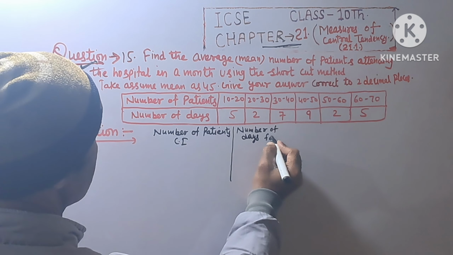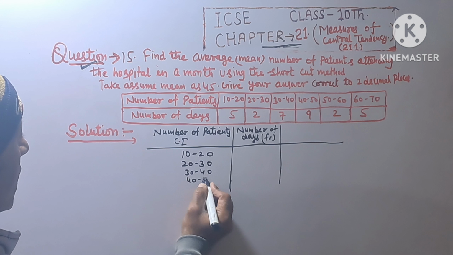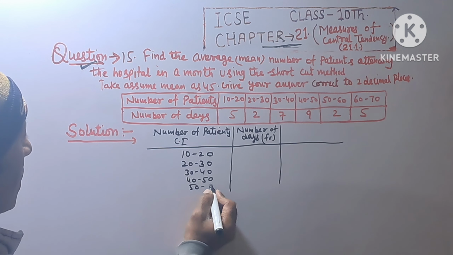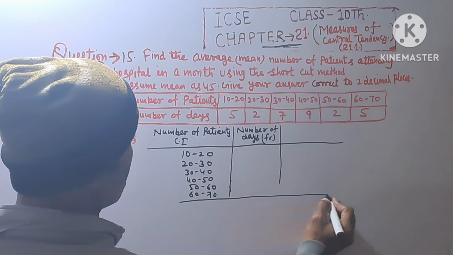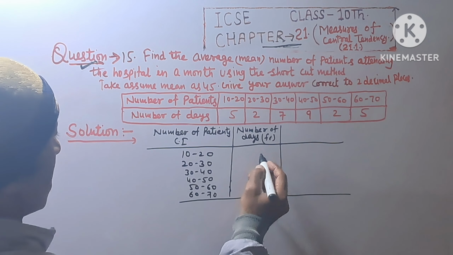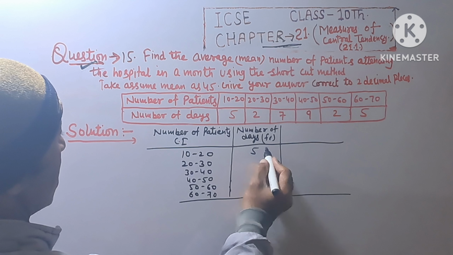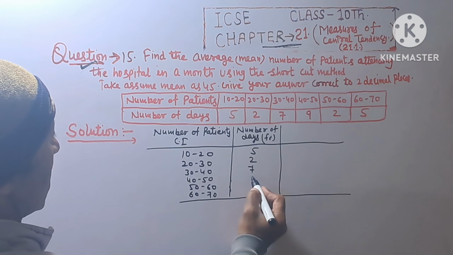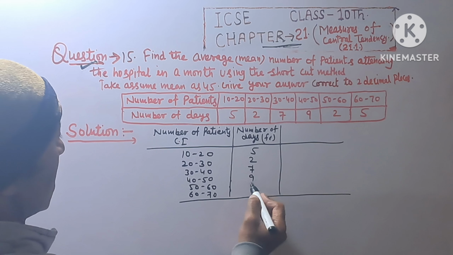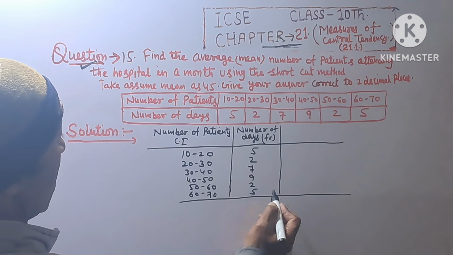The class intervals are 10 to 20, 20 to 30, 30 to 40, 40 to 50, 50 to 60, and 60 to 70. The frequencies are 5, 2, 7, 9, 2, and 5.